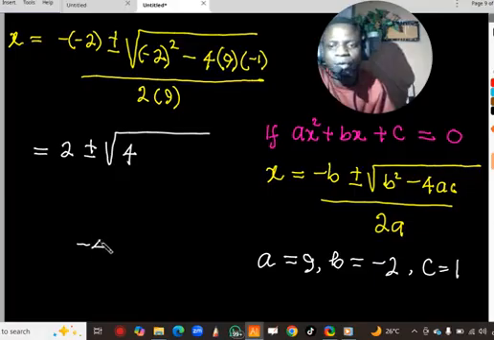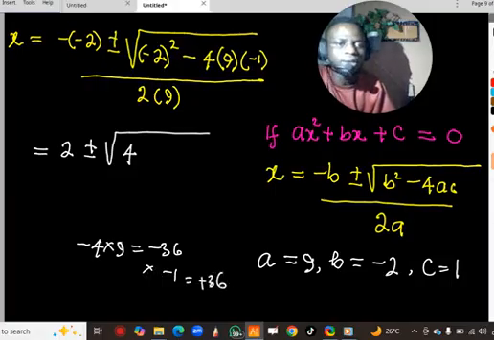Negative 4 times 9 is negative 36. Now negative 36 times negative 1 will give us positive 36. All right, so let's continue.